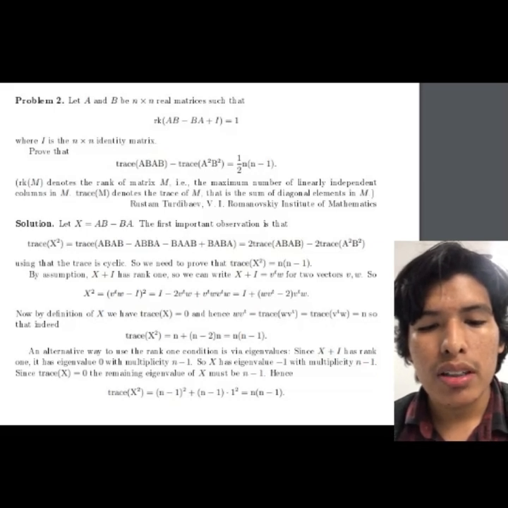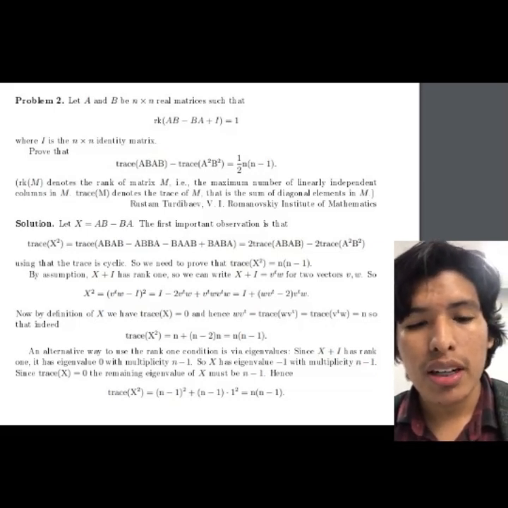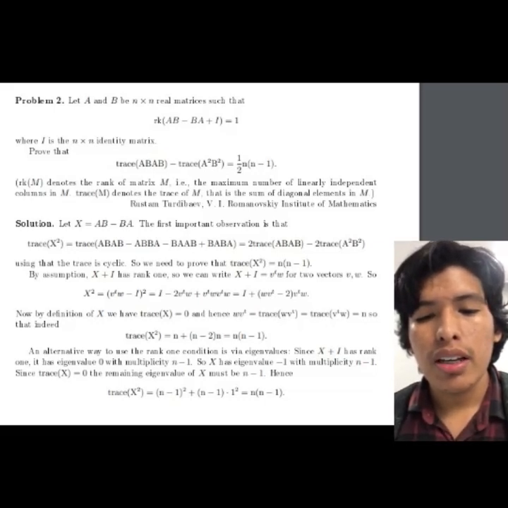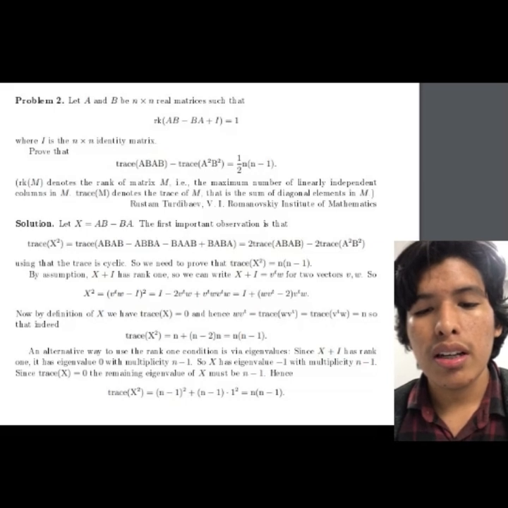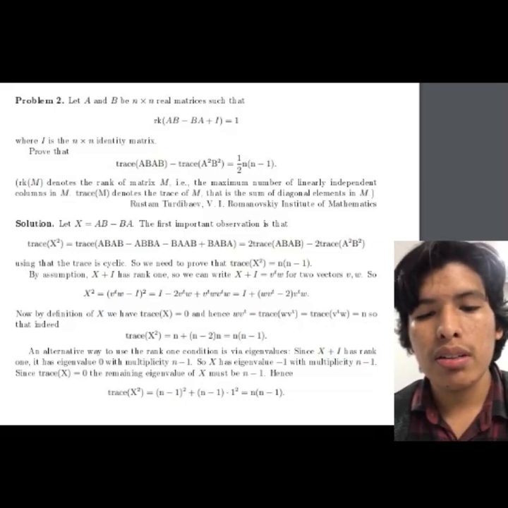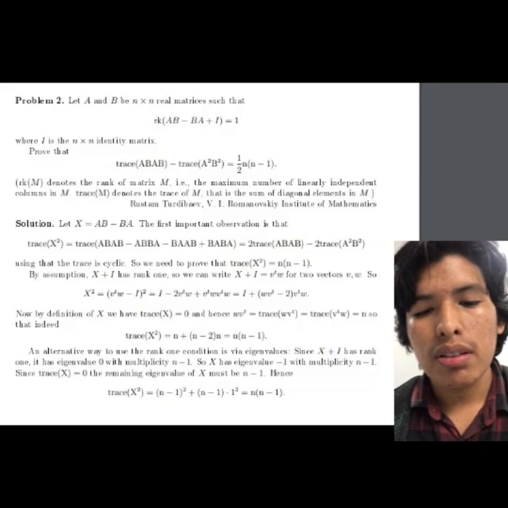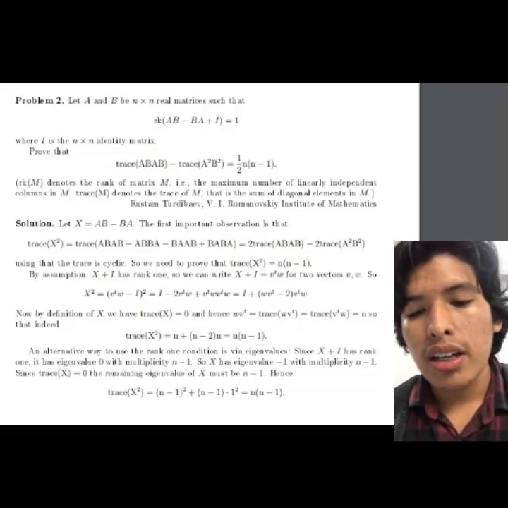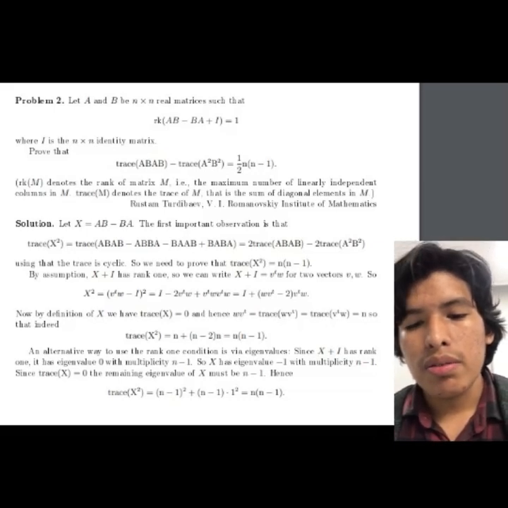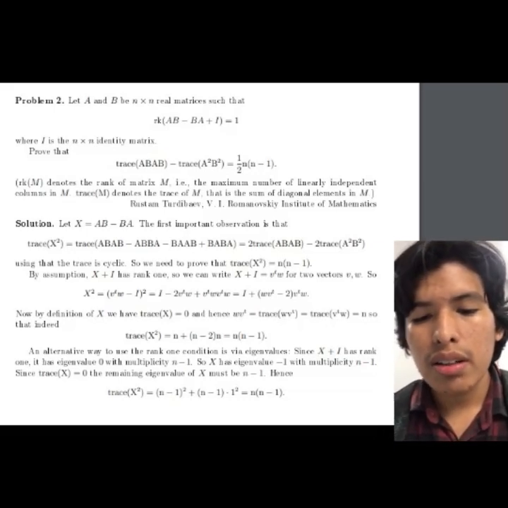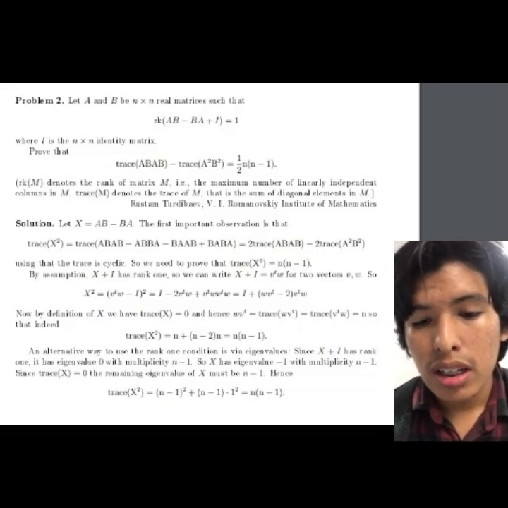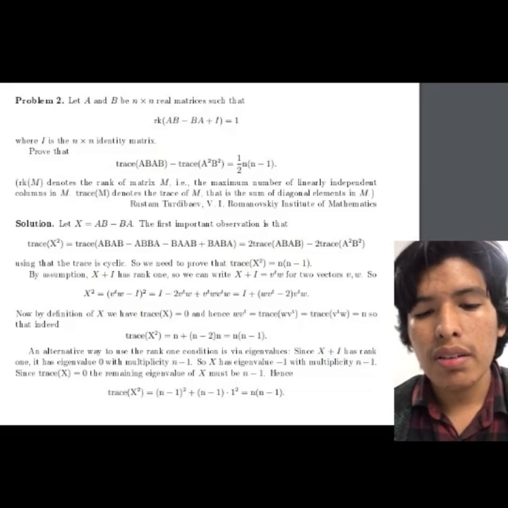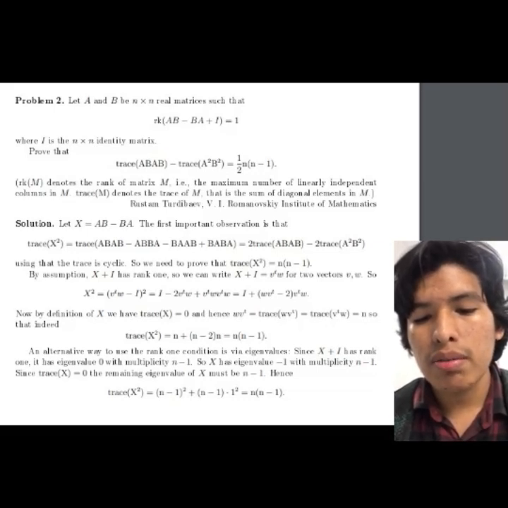By supposition, X + I has rank 1, so we can write X + I = bw^T for two vectors. So X = bw^T - I. An alternative way to use this rank 1 condition is eigenvalues: X + I has rank 1, so it has eigenvalue 0 with multiplicity n - 1.